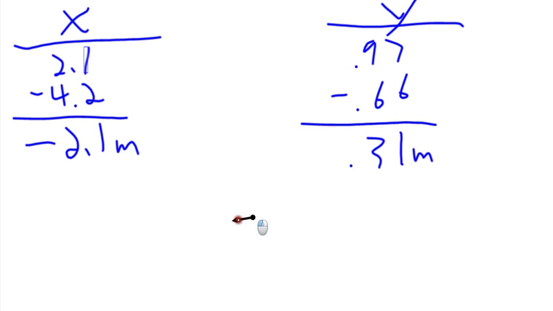We know that this is going negative 2.1 in the x, so that's going to be going to the left, and a positive 0.31 going in the y. Let's move that here. And so we could draw our resultant like this. And with the way I've drawn this, the angle would be right there. And that's going to be our theta.